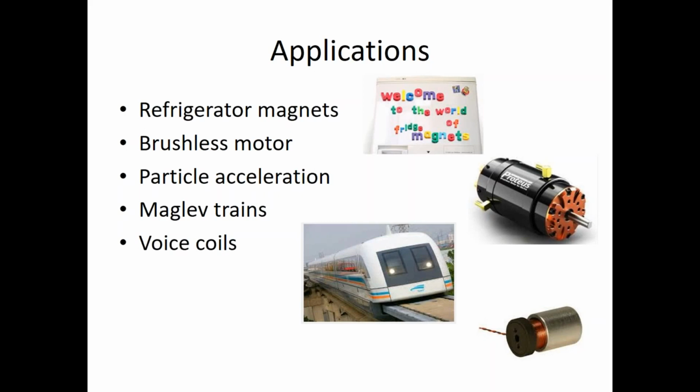Brushless motors are made up of magnet arrays, which help them to spin. Magnet arrays are also typically used in particle acceleration, in generating lasers, in producing free electrons, etc. They are by far the main driver behind maglev trains. And finally, they are also used in voice coils, speakers, etc. And there are numerous more applications of magnet arrays. These are some of the more common ones that I've brought together.